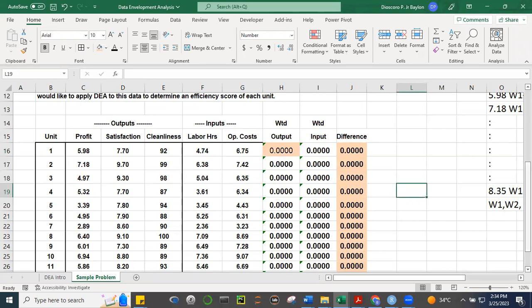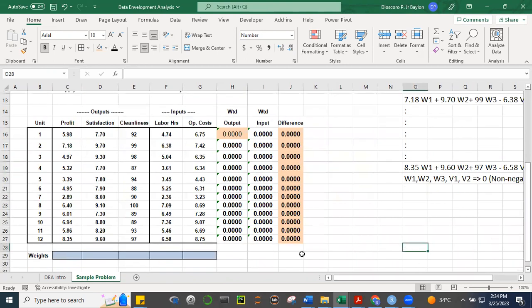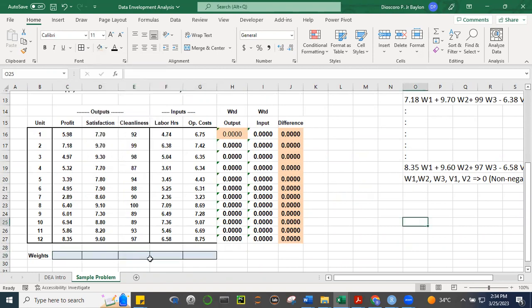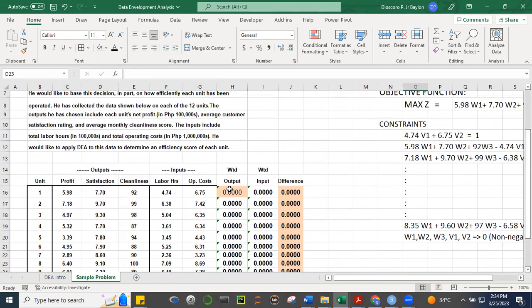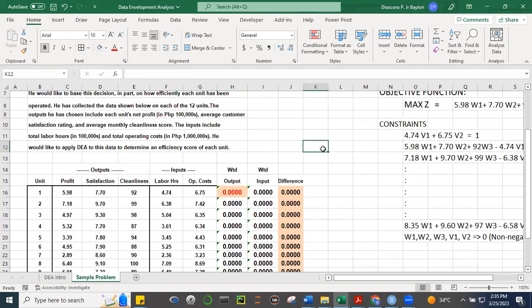Okay, so once again, let's take a look at this model. This is our decision variables. Then objective function. It's this one. Okay, and then we have this one as our constraint. Sorry, this one.